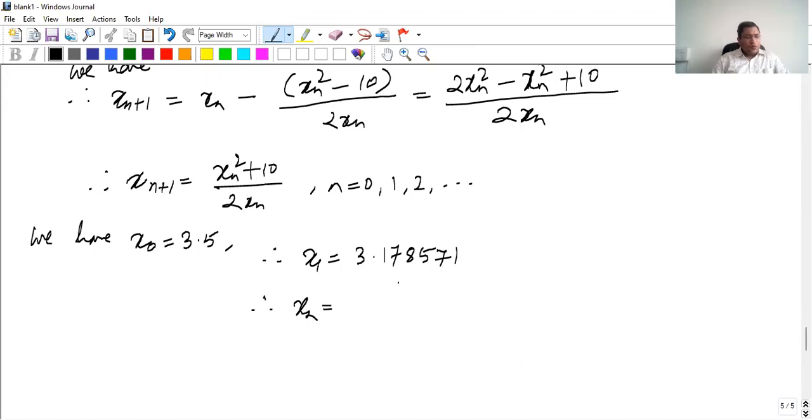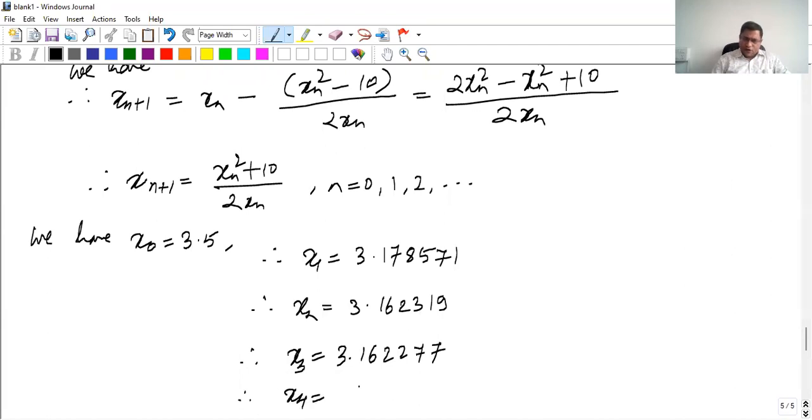So now we get 3.1785 71, and the next value is 3.1623 2319. Now the next one, x3, is 3.1623 19. We can calculate this value and we get 3.162277.